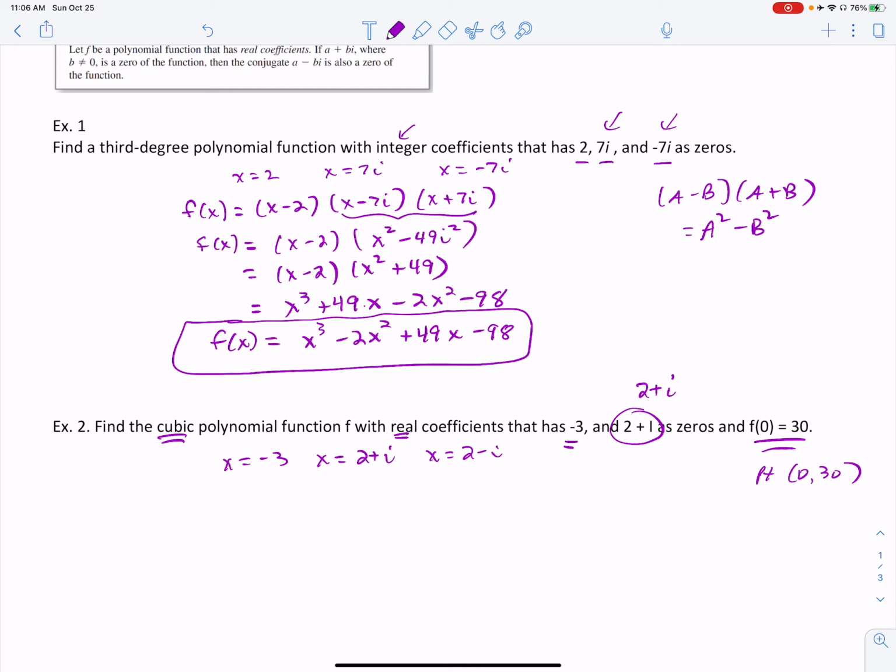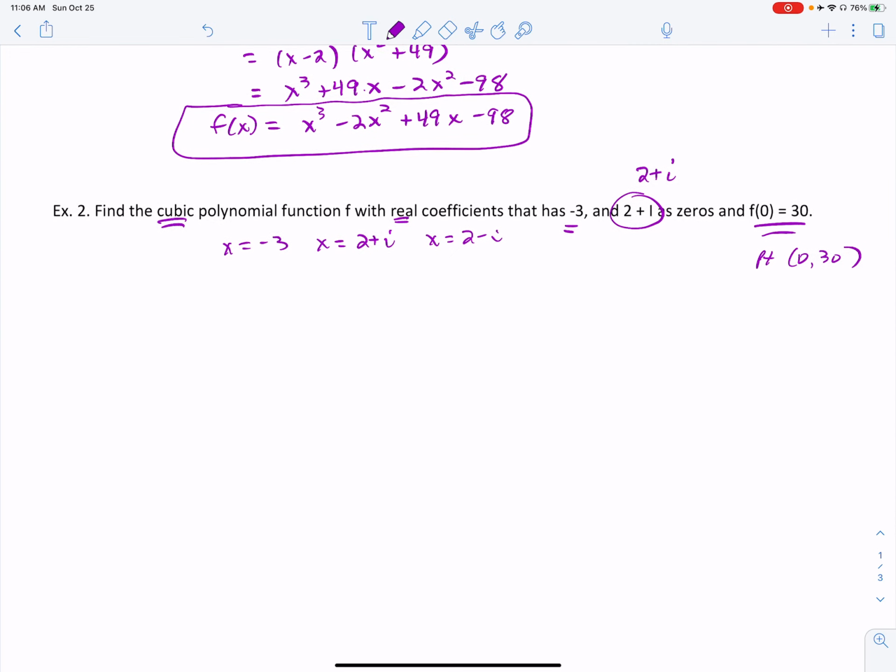Well, integers are real numbers, so they had to have the complex conjugates as zeros, but they were nice and gave it to you there. Here you have to just know if 2 plus i is a zero, and there are real coefficients, you also need 2 minus i. So now there's kind of a trick to the factors in getting this to multiply out.